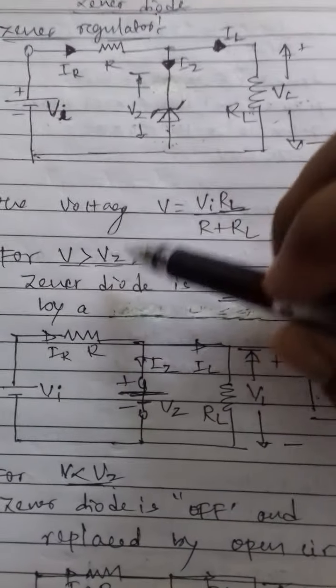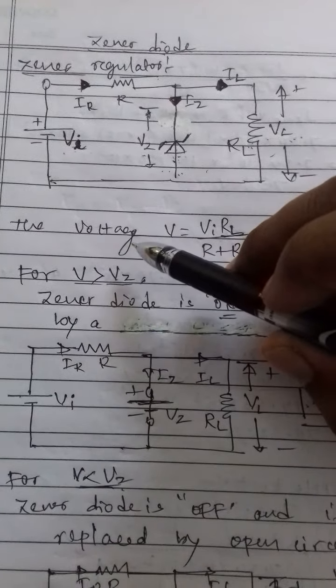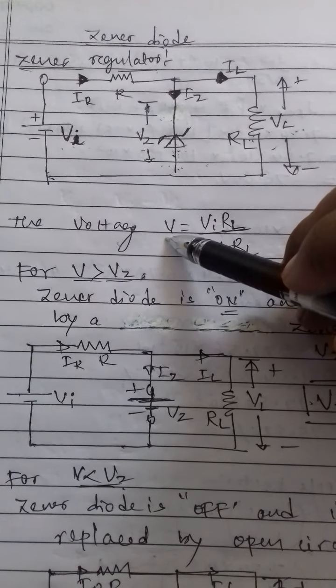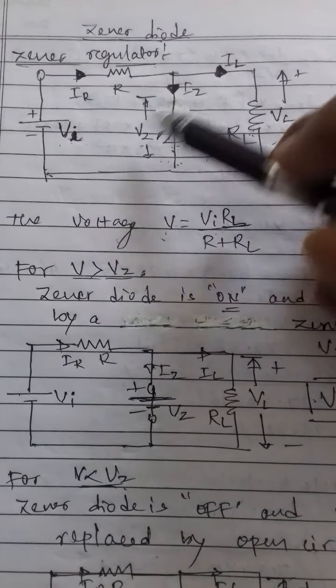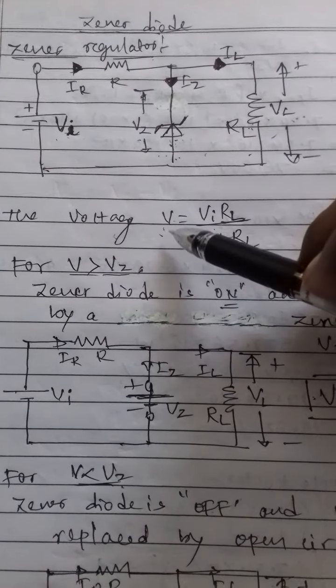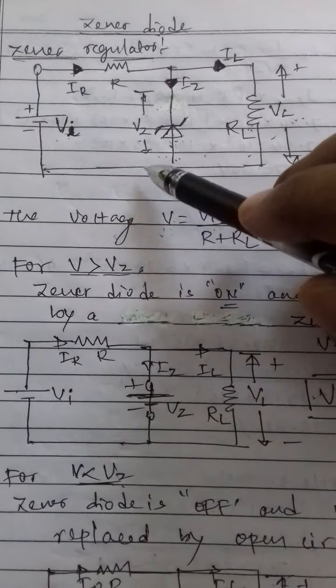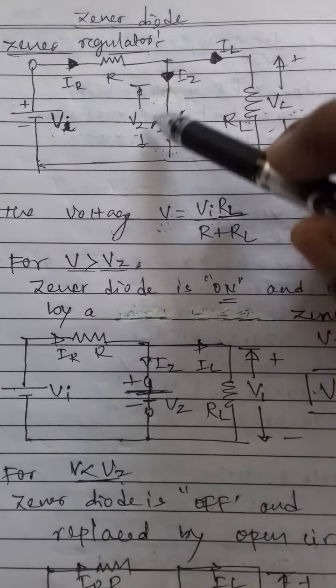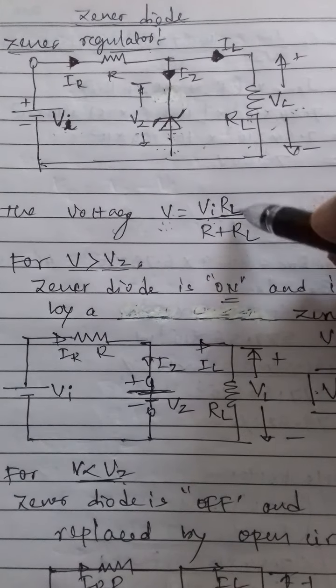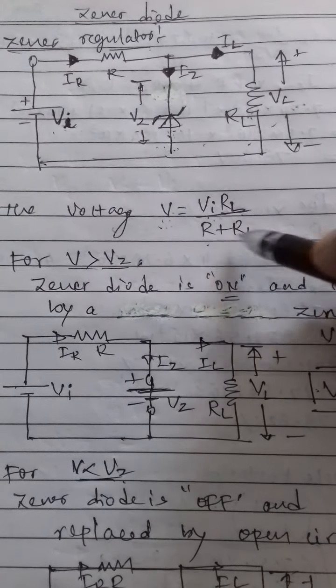Now, the voltage V. Here I have not indicated that voltage V, but if we determine the voltage V, it is equal to Vi RL upon R plus RL.